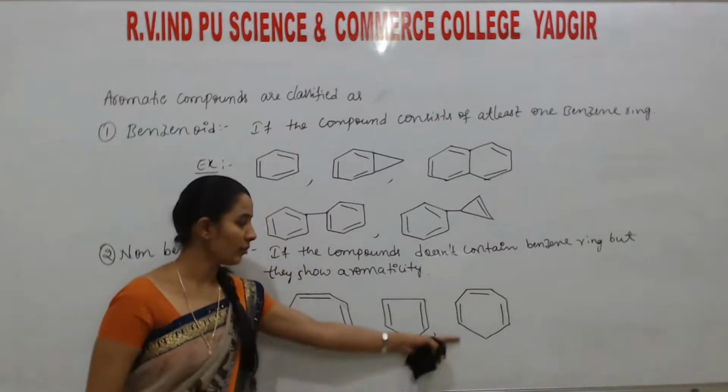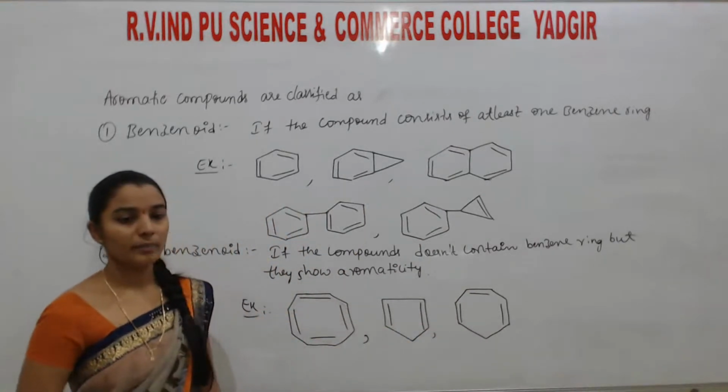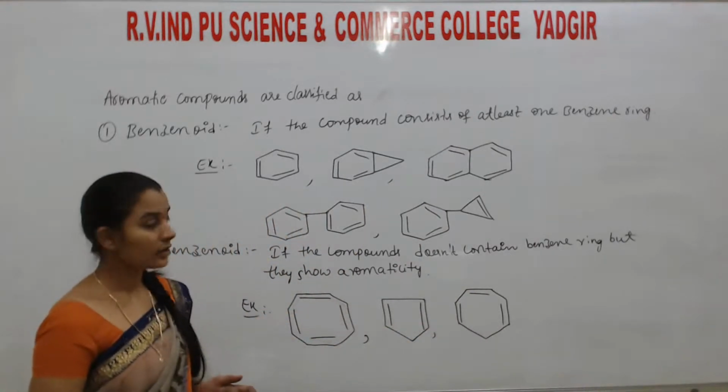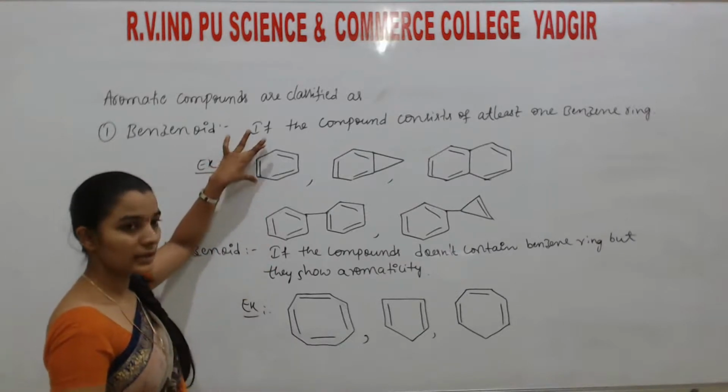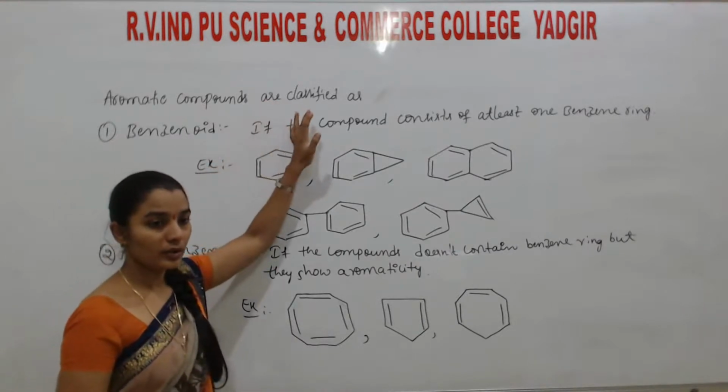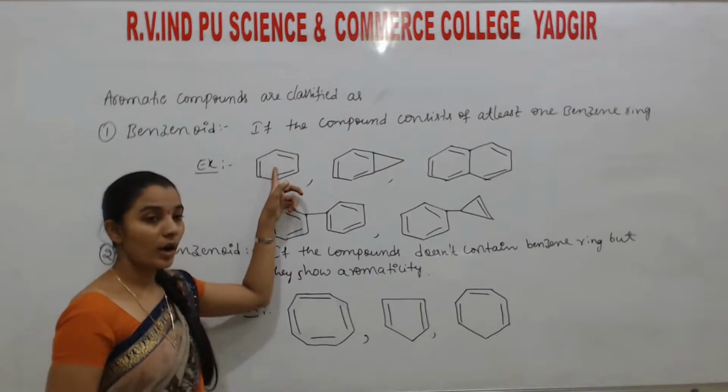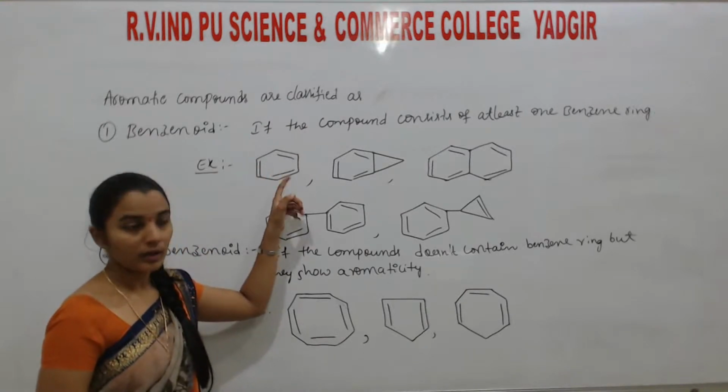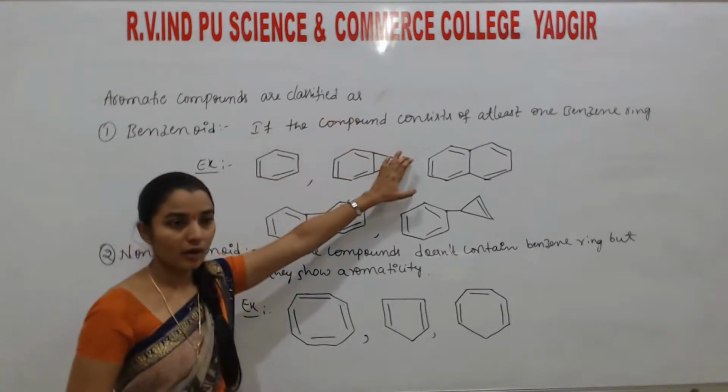This is also aromatic, but it is not a benzene. Benzene means it is like this, C6H6. If the compound consists of at least one benzene ring, then it is a benzenoid compound.